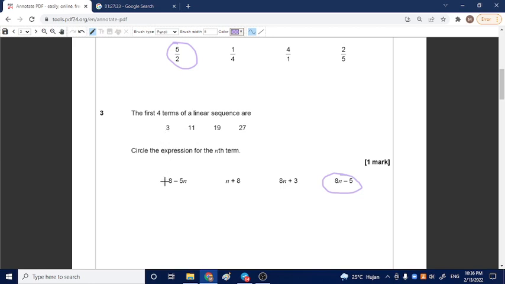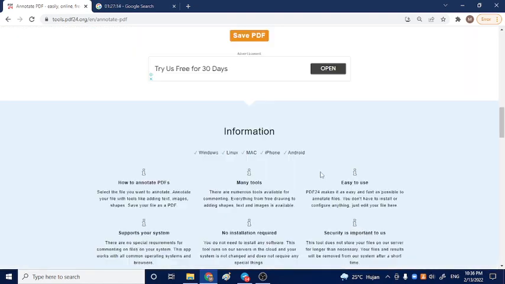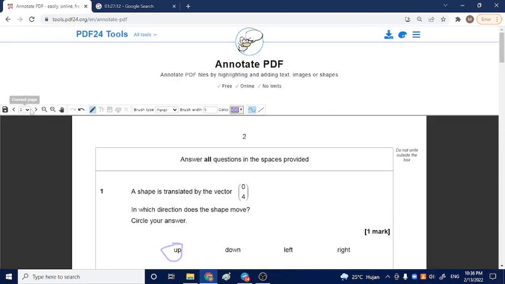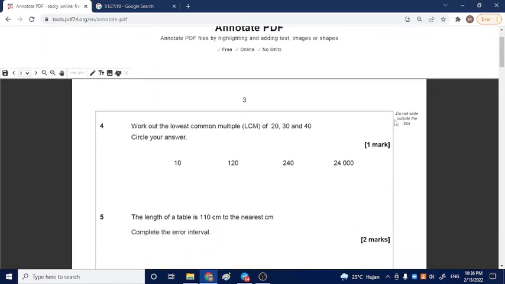From any of these options, the answer would be either 8 minus 5n or 8n minus 5. If we put n equal to 1, this would be 9 and 11. Because the difference is 8, the gradient with respect to n is 8, so the answer is this. Oh okay, yeah, I forgot I have to, oh my god, okay.